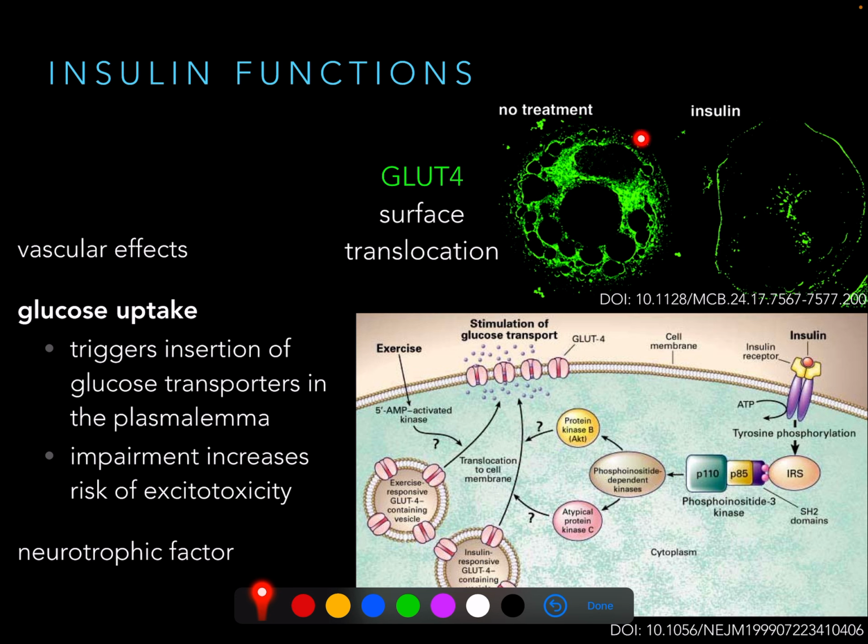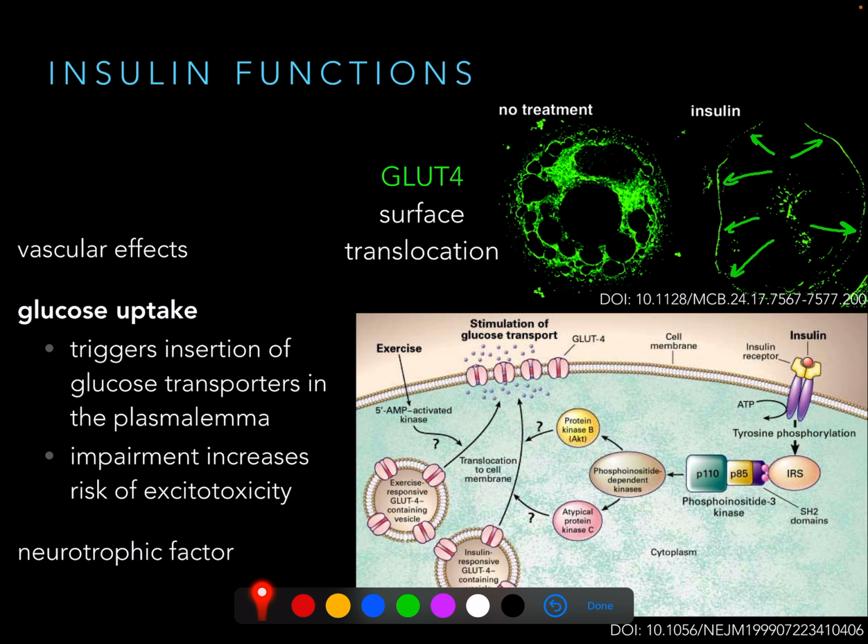Here we can kind of see like a faint outline of the membrane, just kind of dotted a bit with glucose transporters. Insulin causes translocation of those glucose transporters to the surface. So we haven't lost our glucose transporters, we've just put them on the surface, and that's where we want them. That's where we pick up all the yummy glucose.